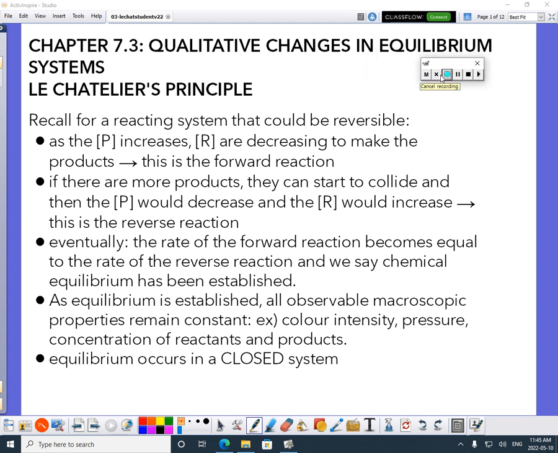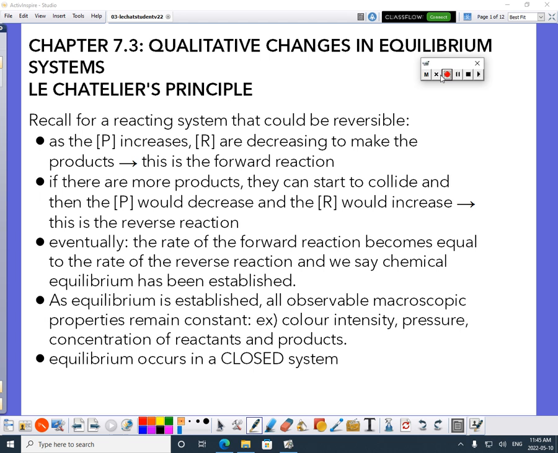Okay, so this lesson is going to be the first case where we're going to look at what happens when you affect an equilibrium. Again, those of you that took biology would have talked about homeostasis and how changes in exercise, what you put in your body, whatever, affect the homeostasis or the equilibrium in your body.